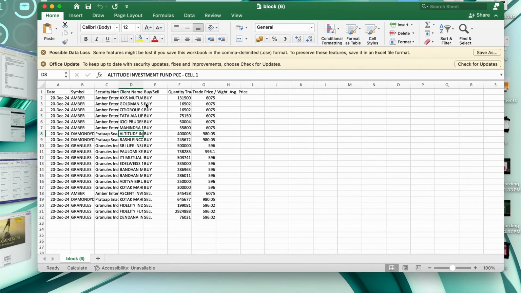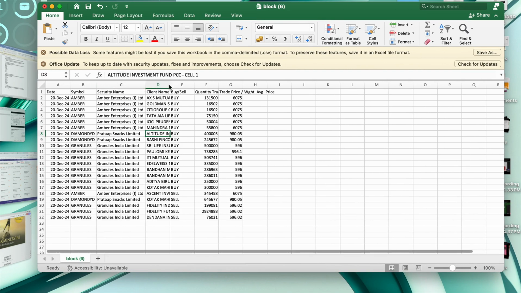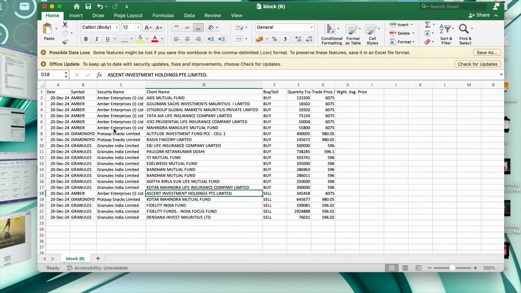So you can see over here that this is all from block deals, and you can see what stocks are being bought and what stocks are being sold. But you can see a lot of Granules everywhere, and you can see a lot of Amber everywhere. So you know that these are the two stocks that you have to keep in mind, that a lot of mutual funds have bought Granules.